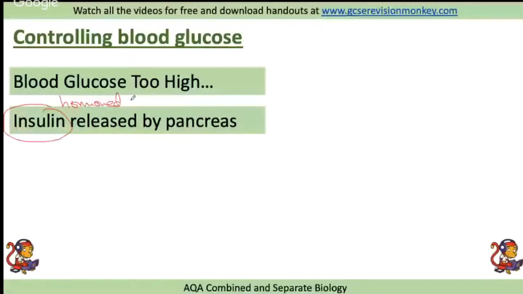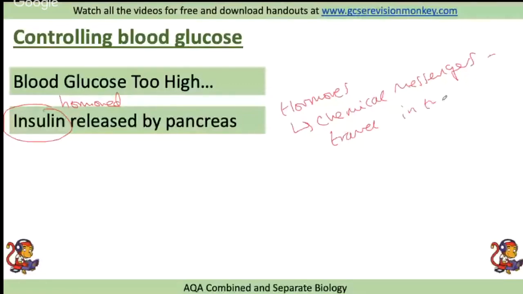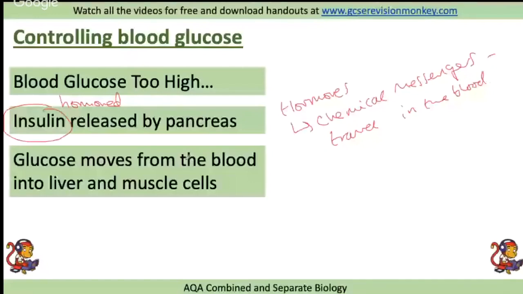All hormones are chemical messages or chemical messengers. They're carrying the message. So chemical messengers that travel in the blood. So they're dissolved in the blood plasma, and that's how they travel around. When insulin is released by the pancreas, that causes excess glucose in your blood to move from the blood into your liver and your muscle cells.